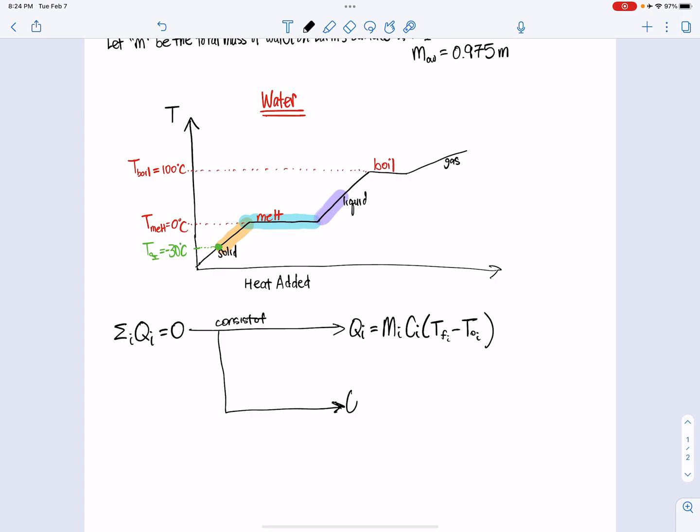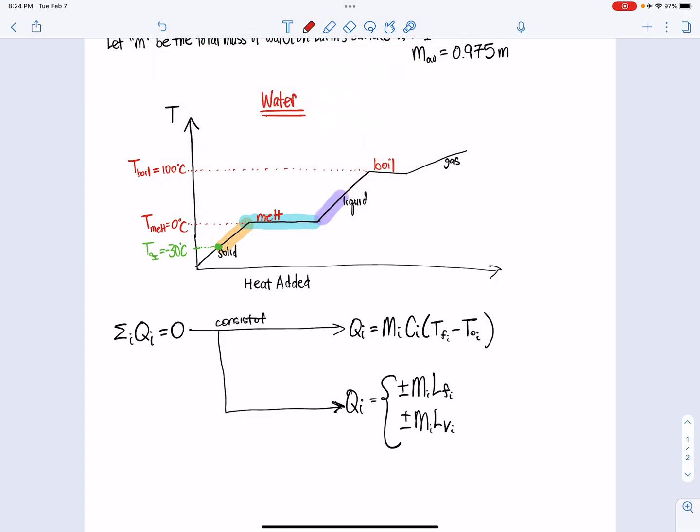And the other one is the heat transfer necessary to change phase. That is plus or minus the mass times the latent heat of fusion, or plus or minus the mass times the latent heat of vaporization, for whatever material i we're using. That's just a variable, a random name for a random material.